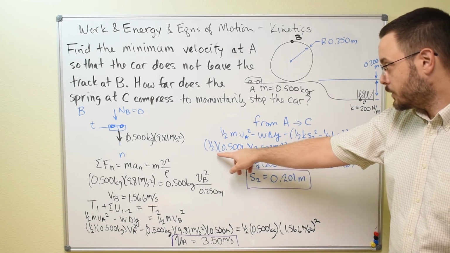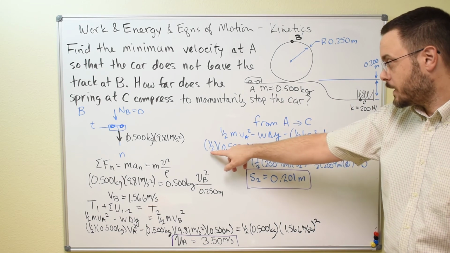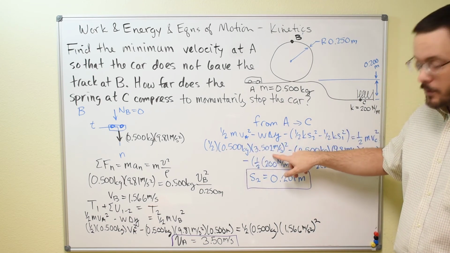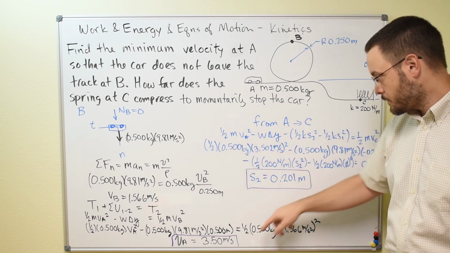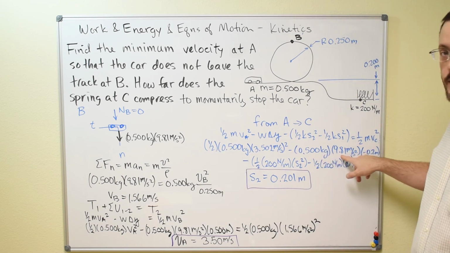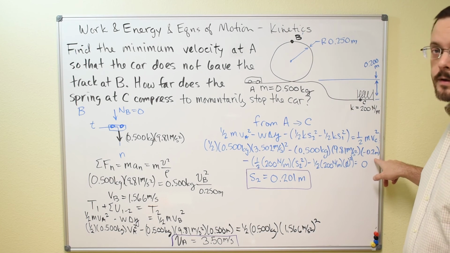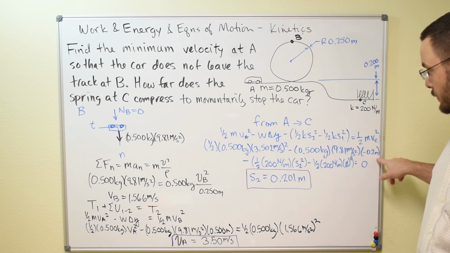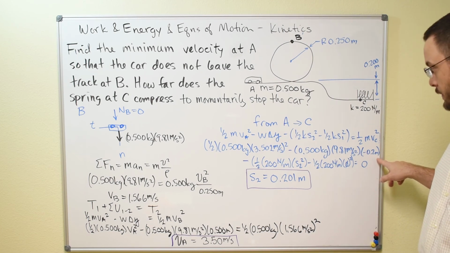So we'll plug in our mass and then our velocity at point A that we just solved for. We'll plug in the weight, it's 0.5 times 9.81 times the drop in elevation, so it's going to be a negative 0.2 meters.